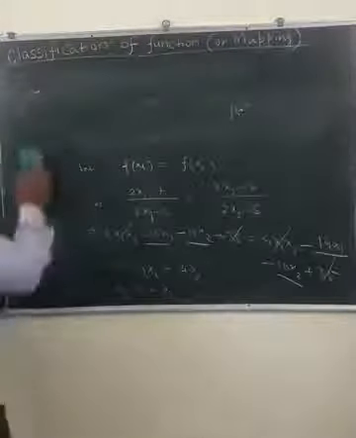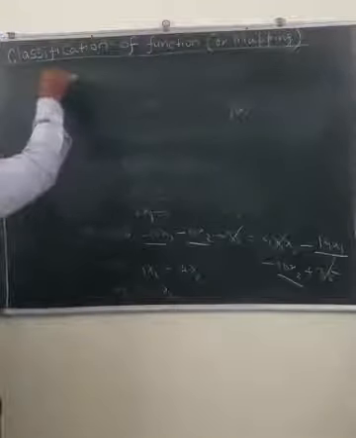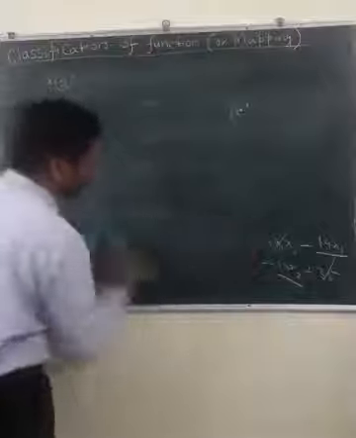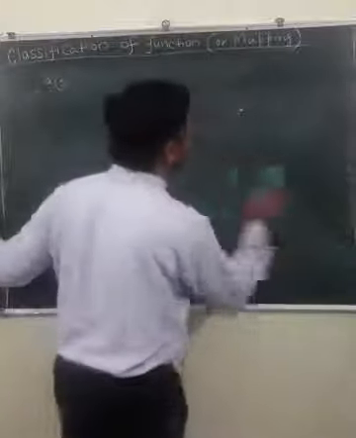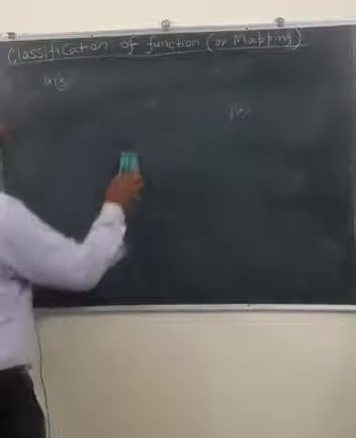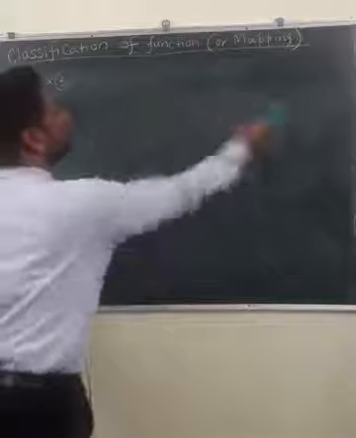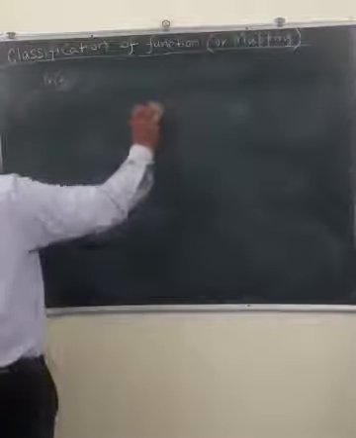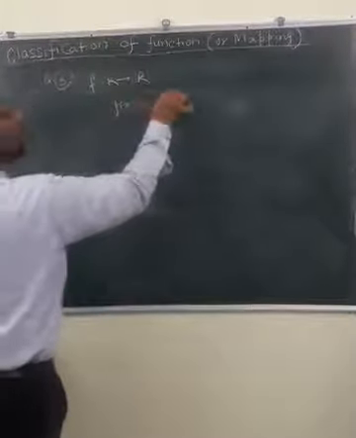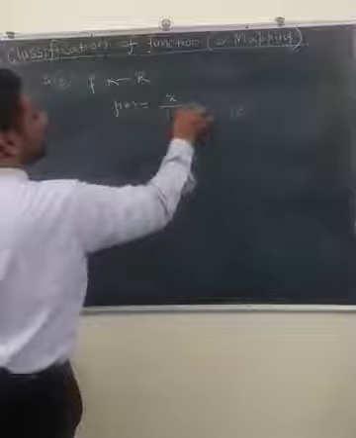Now, I am taking the third example in which I will prove by this method that the function is many-one. Okay, just take an example. Suppose f is R to R and f(x) = x/(1 plus x squared).